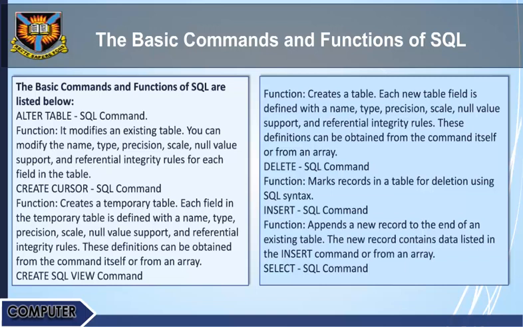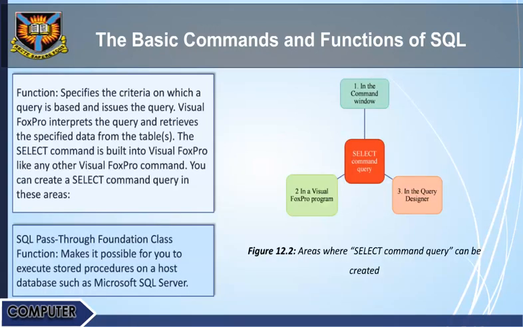Select SQL command. Function: specifies the criteria on which a query is based and issues the query. Visual FoxPro interprets the query and retrieves the specified data from the tables. The select command is built into Visual FoxPro like any other Visual FoxPro command. You can create a select command query in these areas.